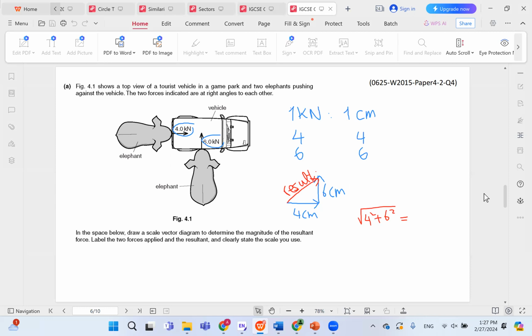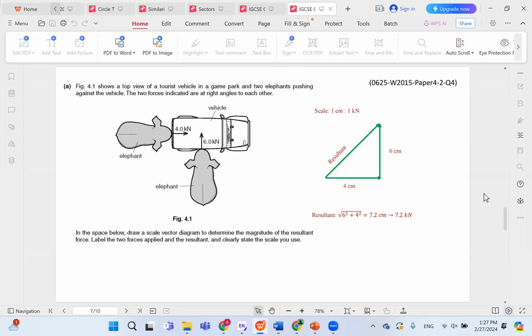Using the Pythagorean theorem, this would give us 7.2. Of course, after getting the resultant value in centimeters, you have to go back to kilonewtons, and we use a simple scale here, so there are no calculations required because 1 centimeter is equivalent to 1 kilonewton to begin with.